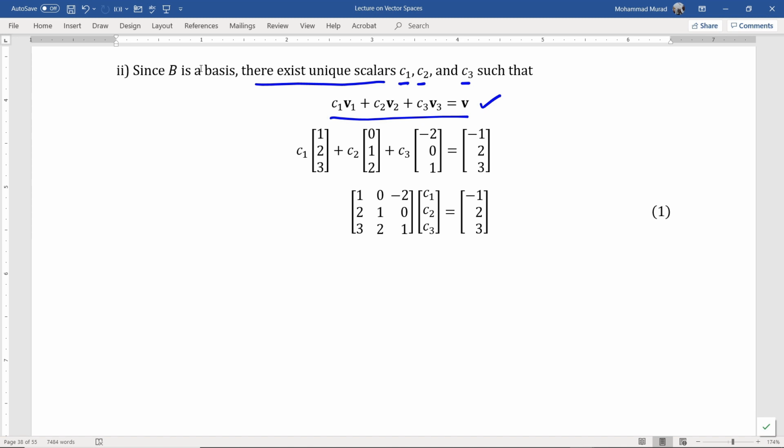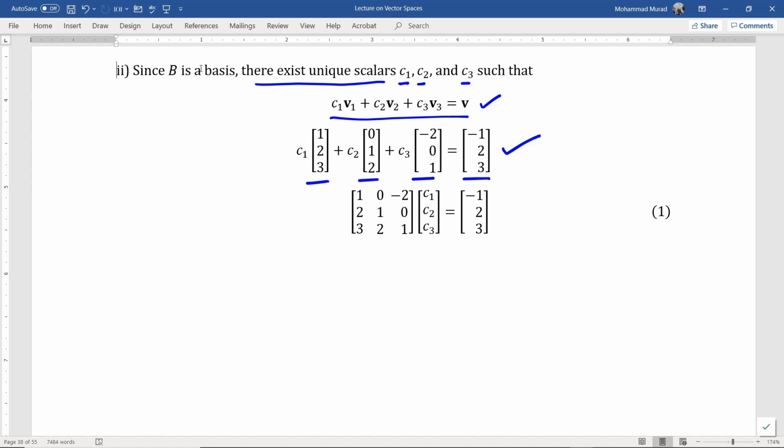Now, if we replace v₁ by the vector with components 1, 2, 3, and v₂ by the vector with components 0, 1, 2, and similarly v₃ and v by the vectors with components -2, 0, 1, and -1, 2, 3 respectively, we get the following vector equation.